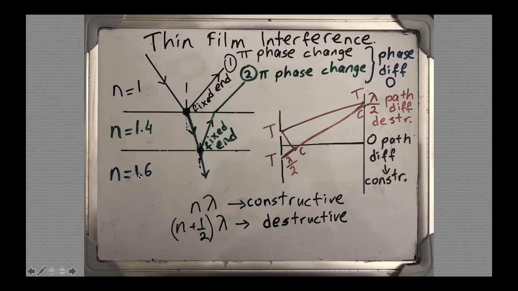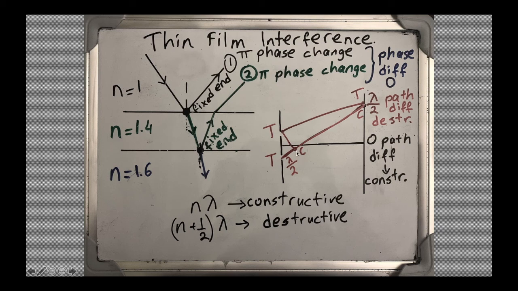However, if the third medium has a refractive index which is even higher than the second medium, then we would have that point also reflecting as a fixed end, meaning that these two rays that are interfering in our eyes are now both pi out of phase with the incident, but they are now in phase with each other. So both have a trough being released.